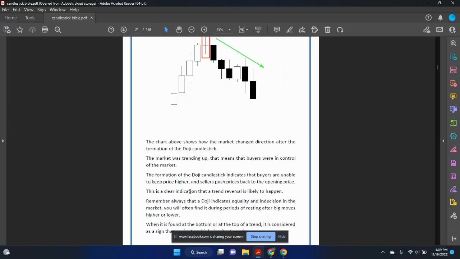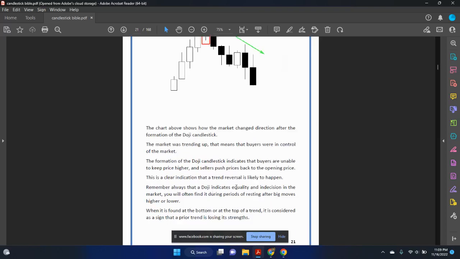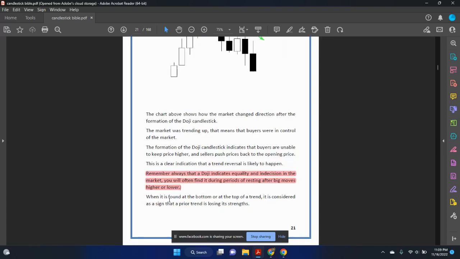Remember, always, that a doji indicates indecision in the market, and you will often find it during periods of resting after big moves higher or lower. When it is found at the bottom or the top of a trend, it is considered a sign that a prior trend is losing strength.